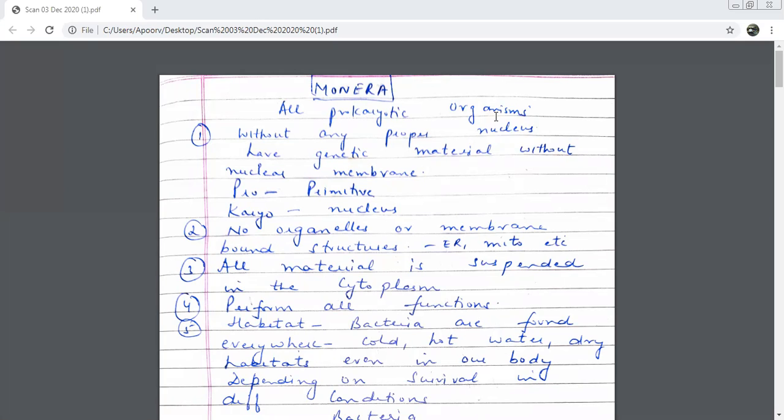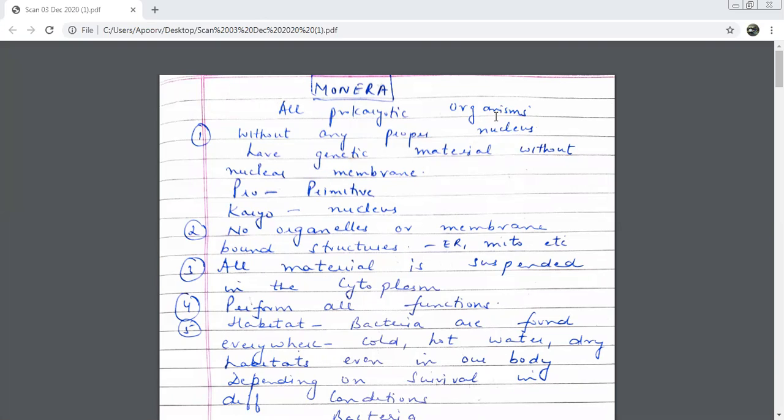The ones which take the stain are known as gram positive, and which do not take the stain are known as gram negative. Okay, very good. Those who take the gram stain are known as gram positive, and those who do not take the gram stain are known as gram negative. Today we'll also be discussing a little later as to why some of them are gram positive and the others are gram negative. Good. Your previous knowledge till here is absolutely perfect.